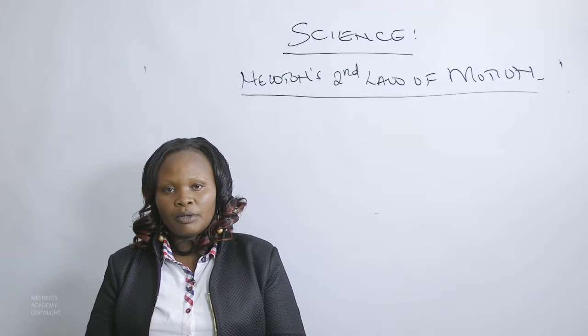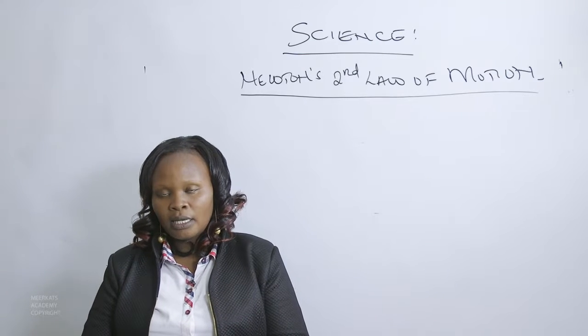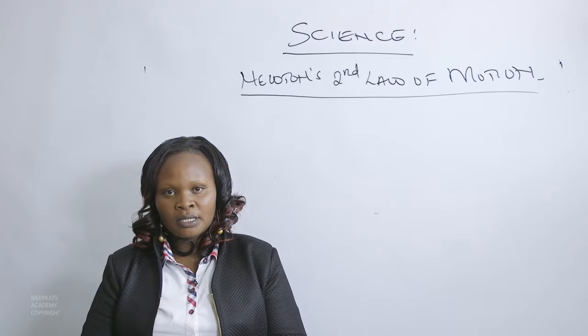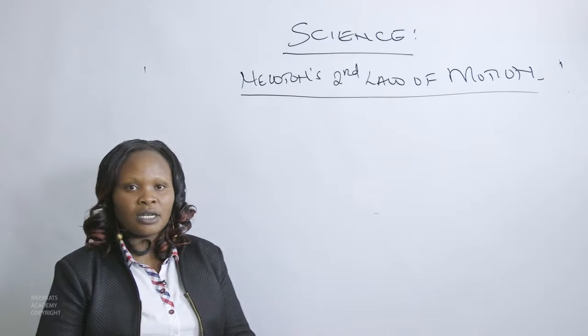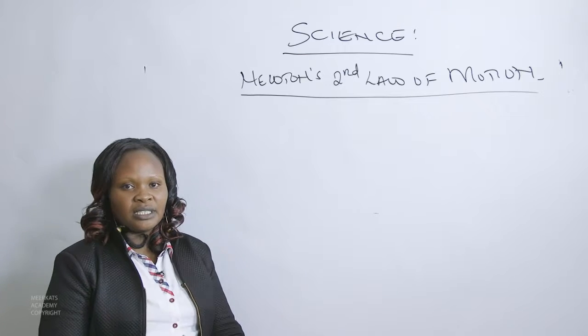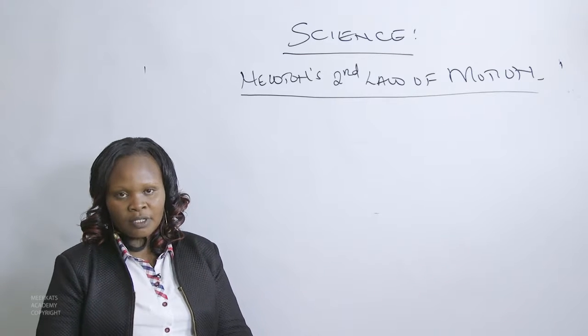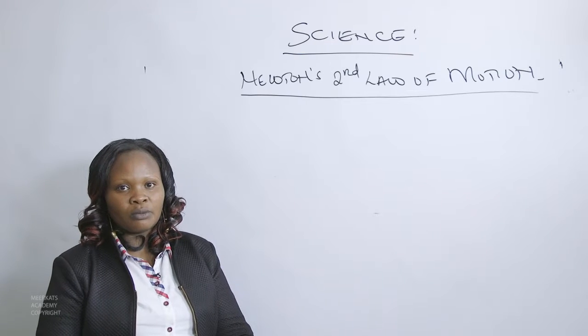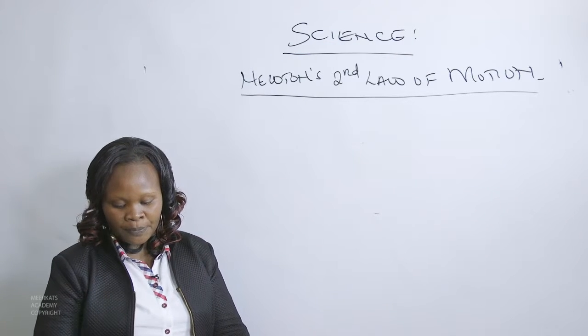when a body is acted upon by balanced forces, what happens is that no change is realized in as far as the state of motion of that body is concerned.